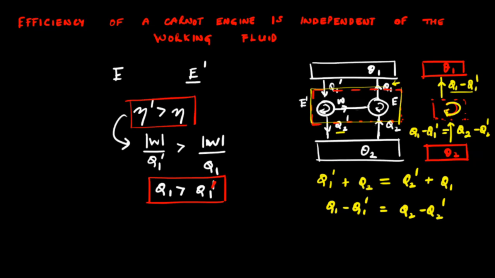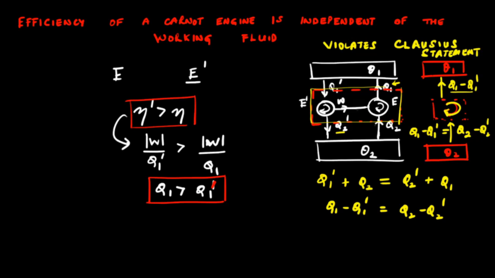It consumes no work, but it extracts this heat Q1 minus Q1 prime from a low temperature reservoir and dumps it to a high temperature reservoir. Therefore, this device violates the Clausius statement.